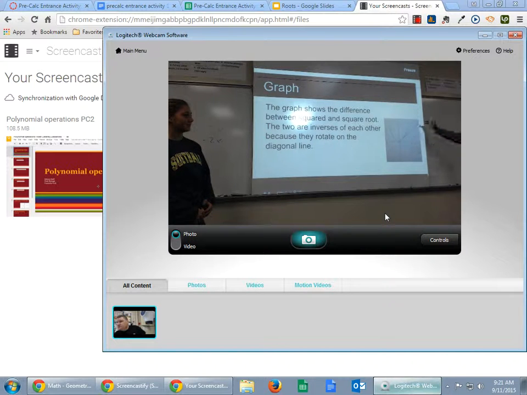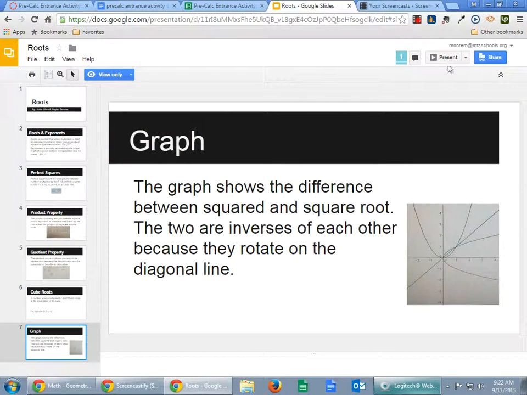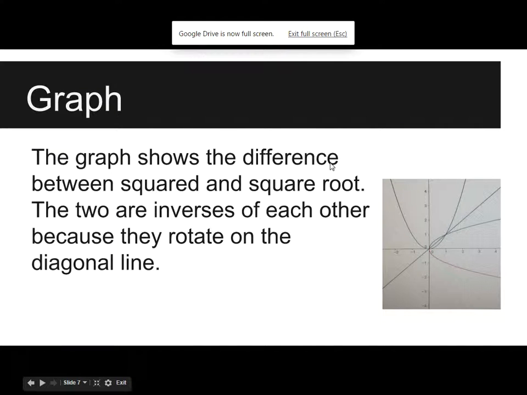It splits them in two, but the y equals the square root of x can never be like this, because that wouldn't be an actual function. But if you look at it this way, it shows that they're inverses of each other because it's rotated across the diagonal line.